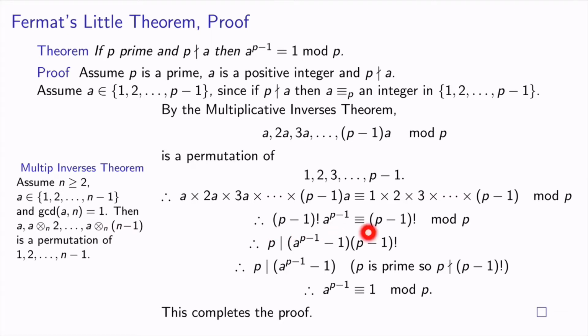So that is congruent to P minus 1 factorial modulo P, which means that P divides the difference of the left-hand side and the right-hand side, which is A to the P minus 1 minus 1 times P minus 1 factorial. But P, being prime, is certainly not a factor of P minus 1 factorial, and therefore P cannot divide P minus 1 factorial. So P must divide A to the P minus 1 minus 1, which just means that A to the P minus 1 is congruent to 1 modulo P. And that completes the proof.